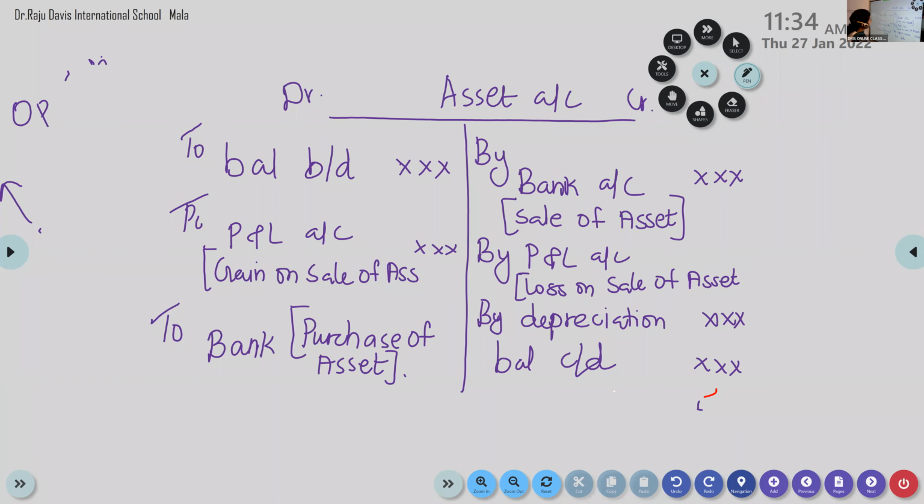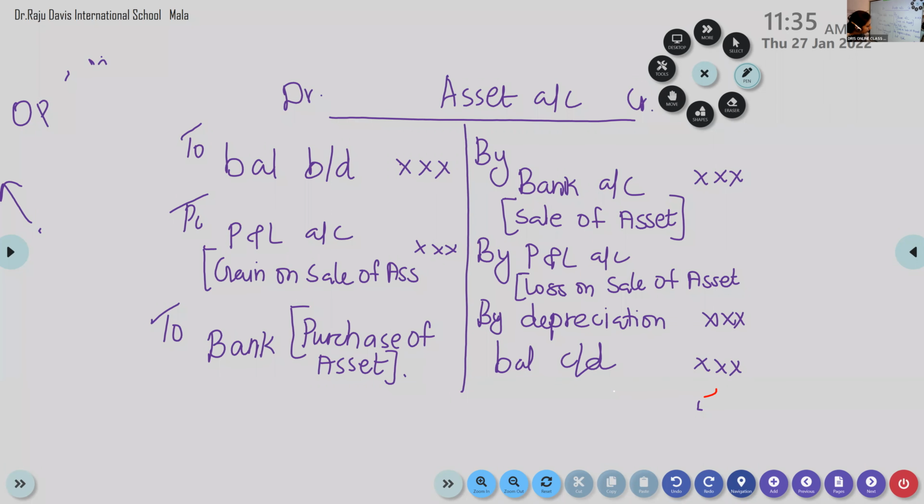Sometimes purchase will be given and P&L, loss on sale, depreciation, all that is given. Then the balancing figure will be the sale of asset. So based on the available information, you have to prepare the asset account, and this is how you record the transactions on the debit side as well as the credit side.